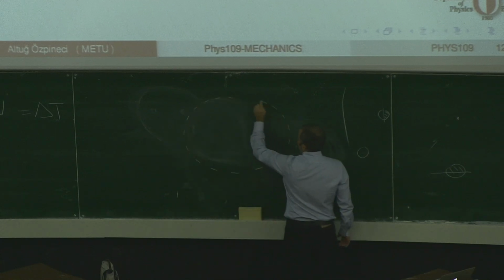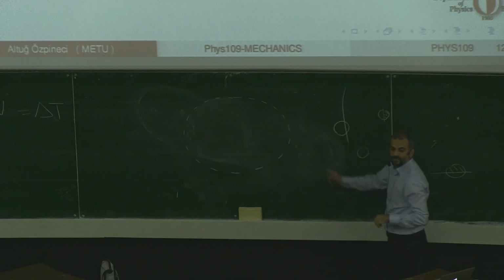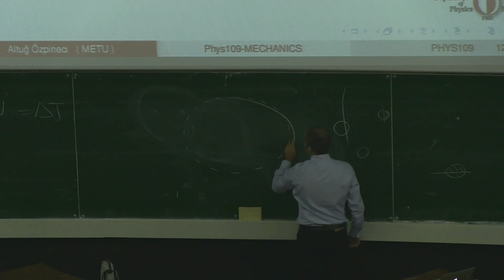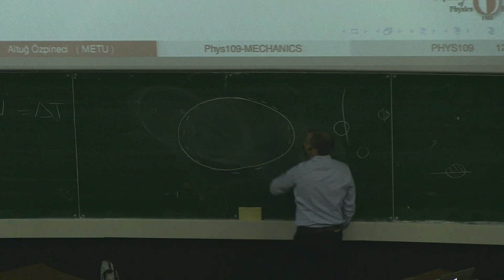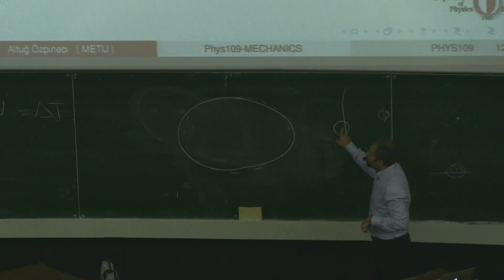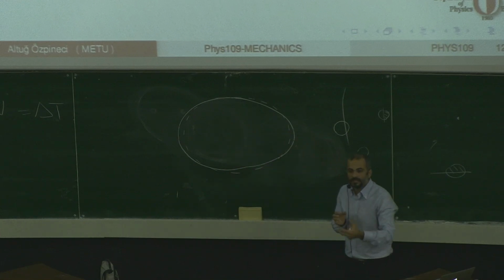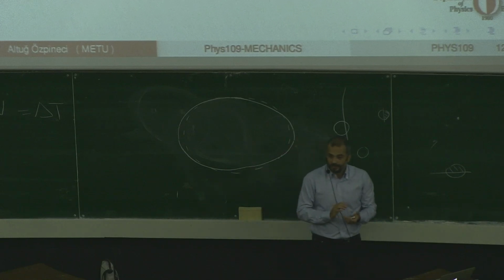So if this had been the shape of earth without the moon, when the moon is over here, the shape gets slightly deformed, not as much as the liquids, but nevertheless a finite amount. So this will be the shape of the earth when you put the moon over there.